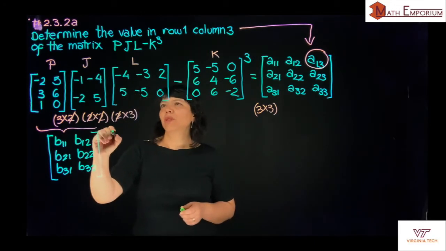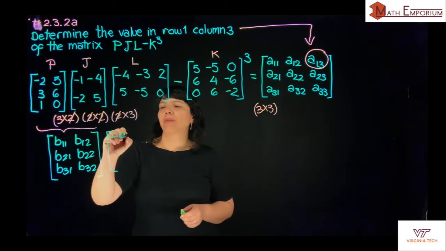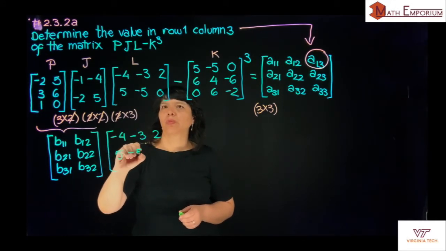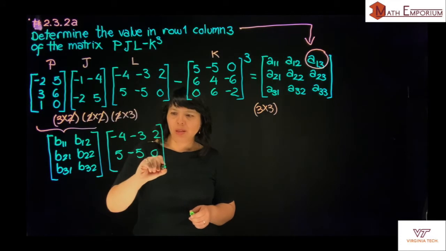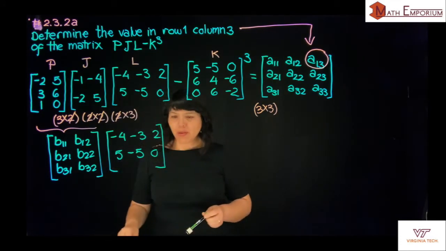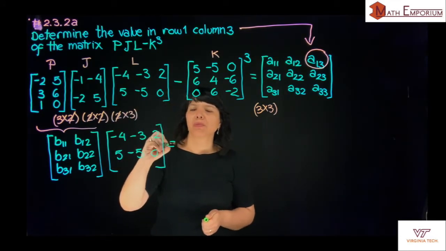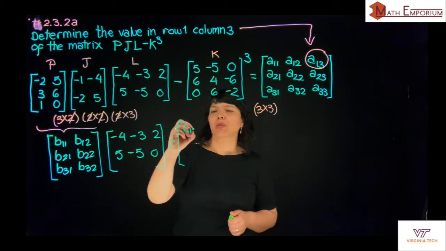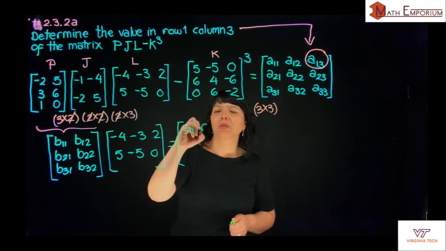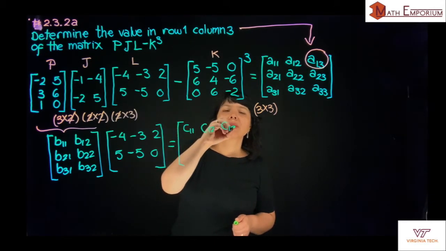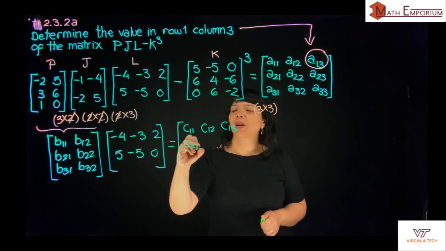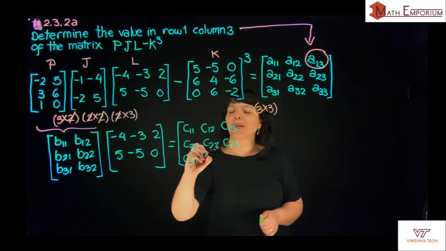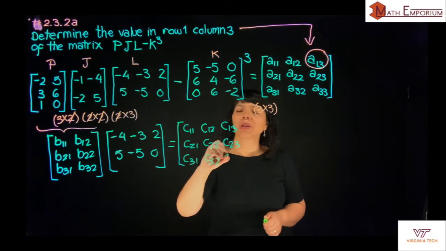Okay, and then I'm going to multiply that times the matrix L. That's going to give me some other matrix, and let me just put some generic numbers. Like I said, that's going to be a 3 by 3 matrix, so that's going to be C11, C12, C13, C21, C22, C23, C31, C32, and C33.